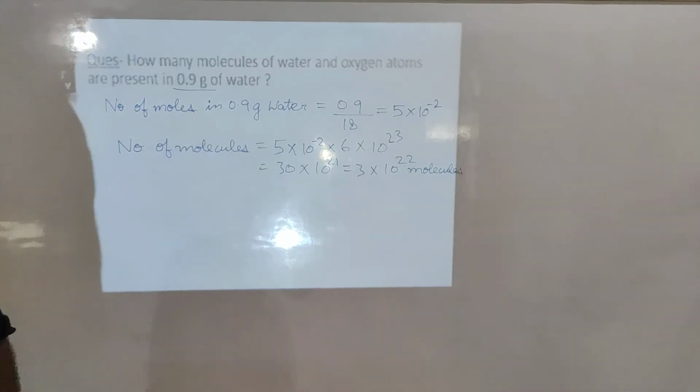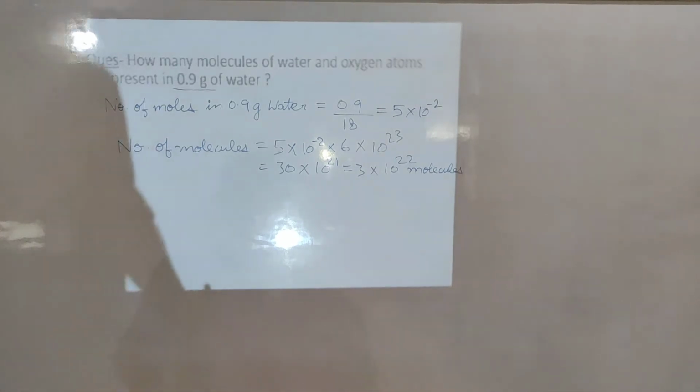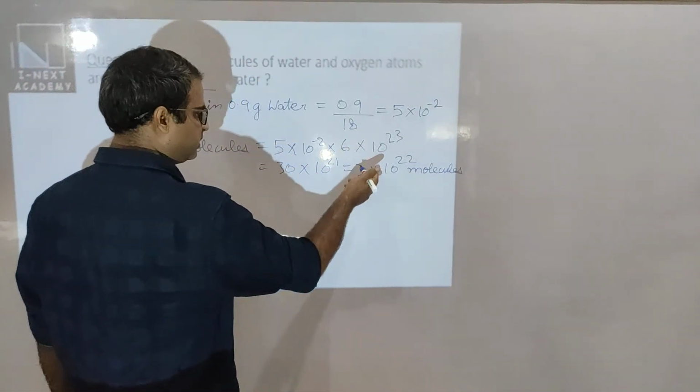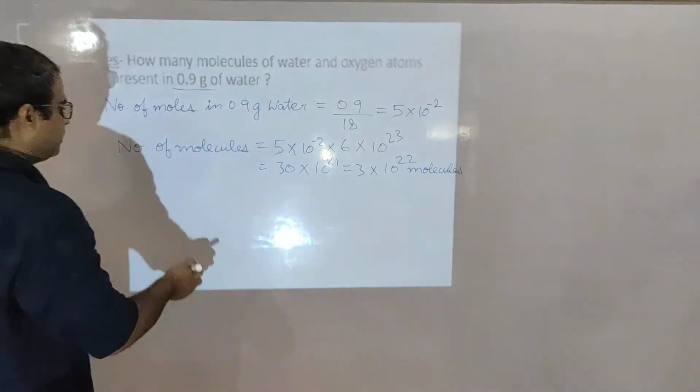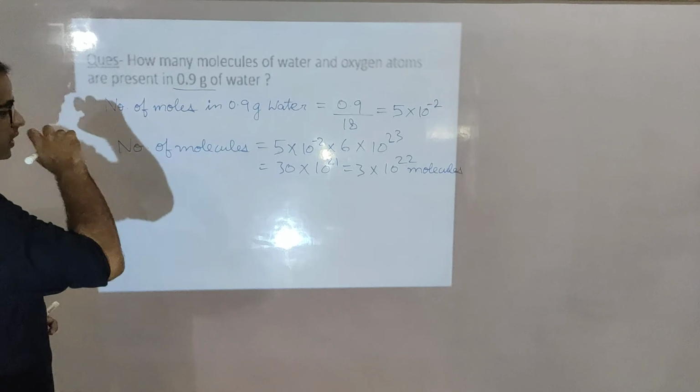Okay, then we have calculated this number of molecules. If we take 6.023 here, this will come to 3.01 or something. Okay, then the number of molecules we have calculated. Now from here, calculate the number of oxygen atoms.